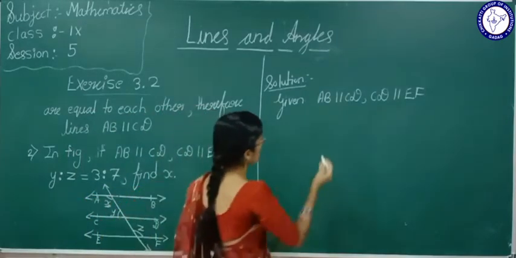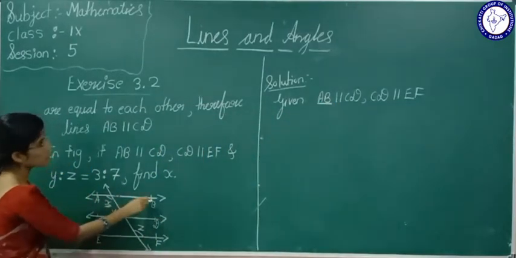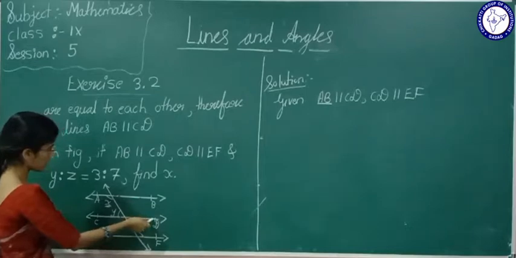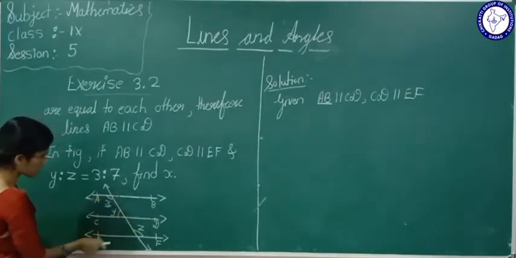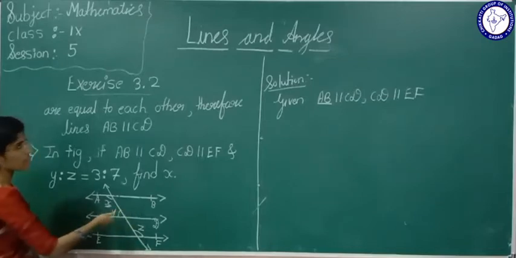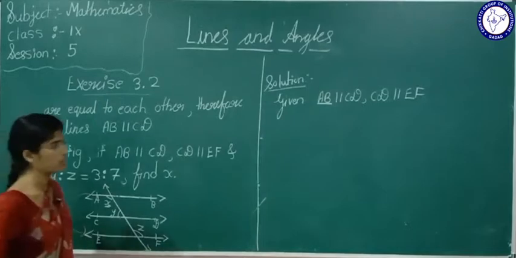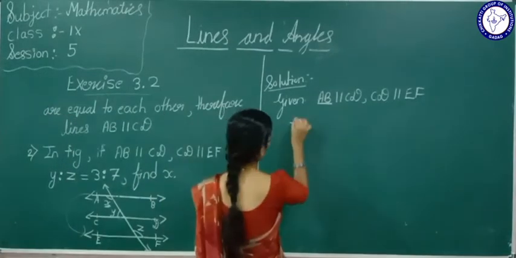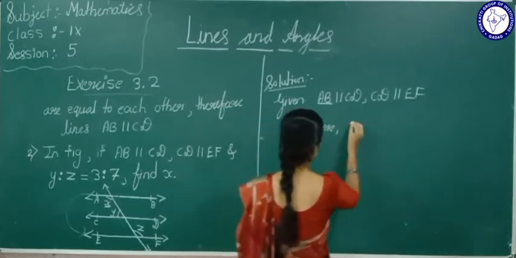Now see, here AB is parallel to CD. CD is parallel to EF. These two lines are parallel to the same line, that is CD. Definitely these two lines are going to be parallel. So therefore what we can write?